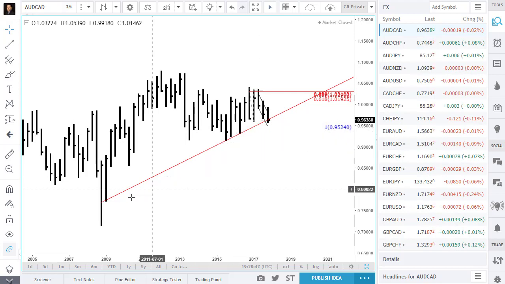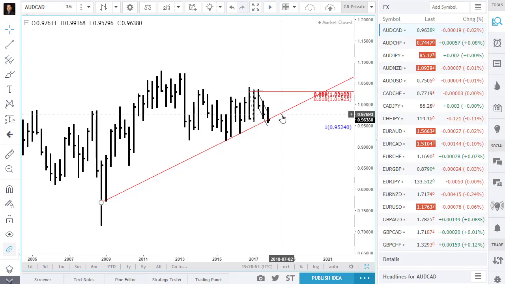Now that we've returned to this trend line, the question is whether we're going to start to work our way back to the upside, and that's really the play I'm focusing on. The emphasis here is to look at the reaction at this trend line. As you can see, the last time we touched this trend line, we responded very well. That's the expectation I'm looking at here: to see this market rally back to the upside.